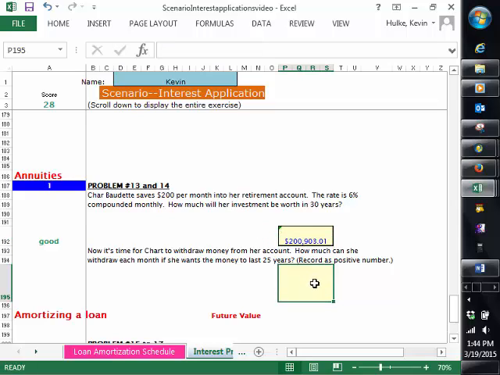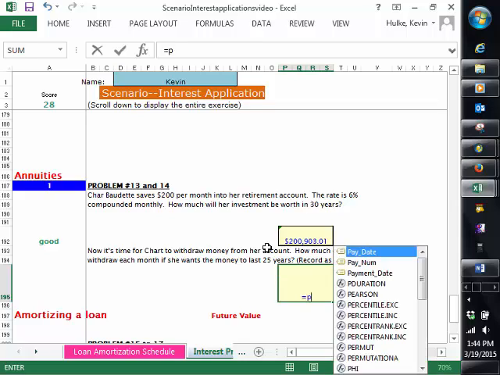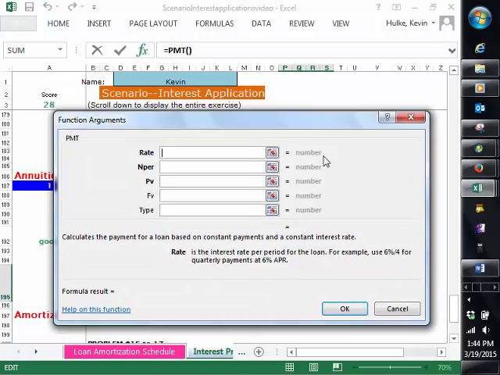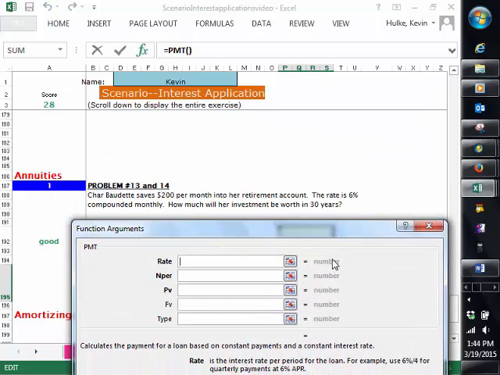Now what you want to do is she's going to withdraw that money. So we're looking for how much can she withdraw each month. We're looking for the payment that she can withdraw each month. Well, her rate is still the same amount, 0.06 monthly.